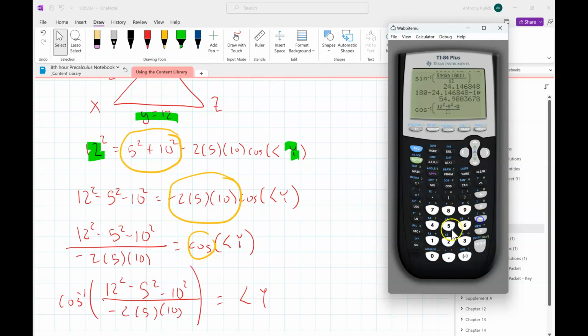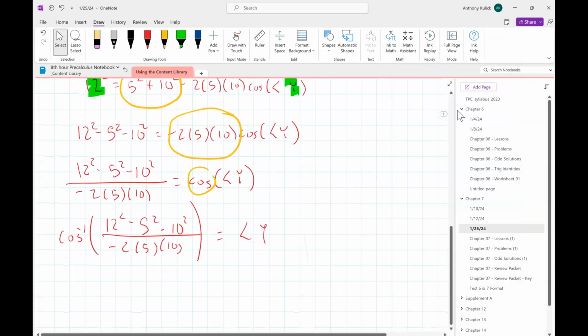Otherwise, I'm going to need a whole heap of parentheses, and it's going to get really confusing on how to organize that on my calculator to make sure it's doing what I want it to do. But if I use that horizontal fraction command, I can just type it in the way it looks on my paper, and I feel pretty good about my ability to do that. So I get 100.95 for y.